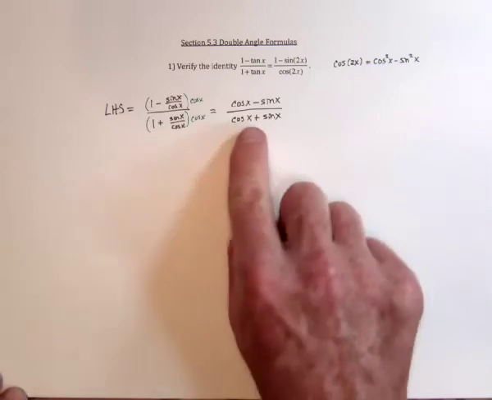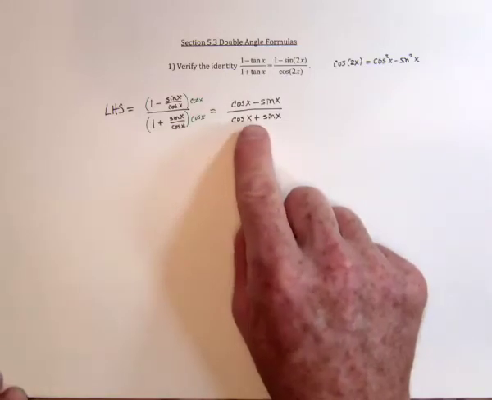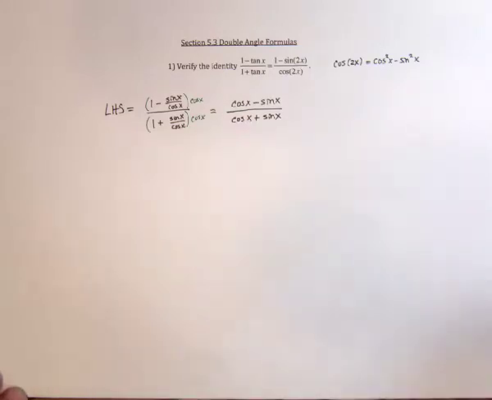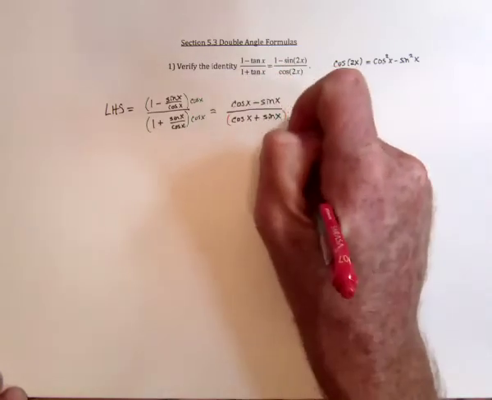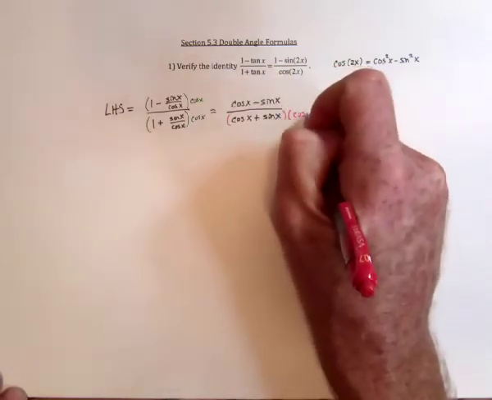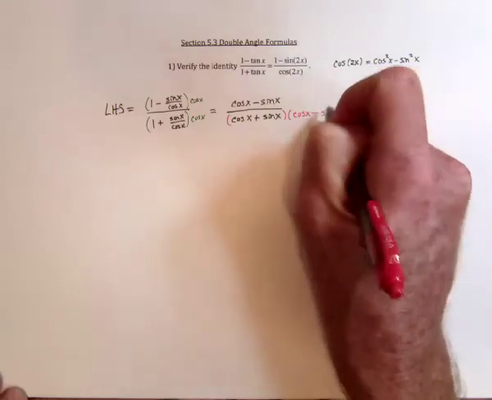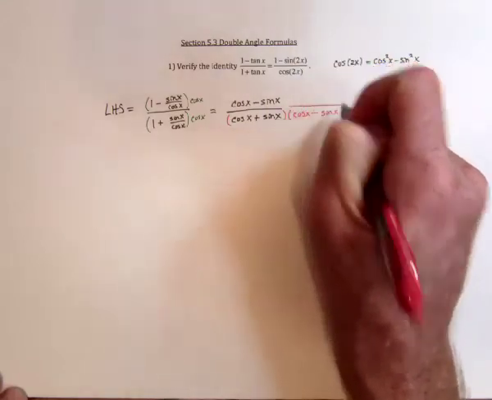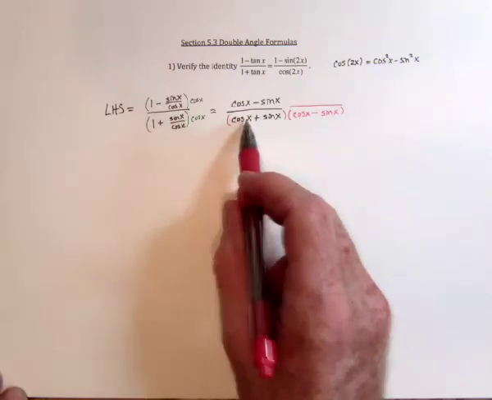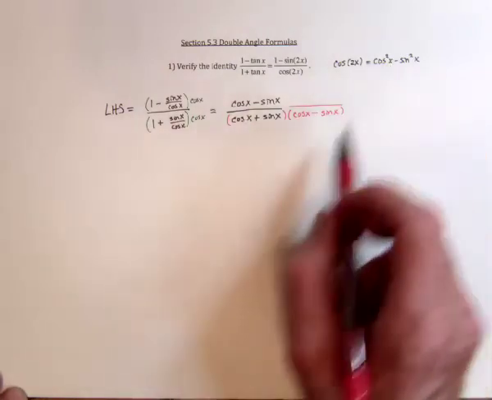Well, if I multiply the denominator by its conjugate, which means use the same thing, cosine of x and sine of x, but instead use the opposite sign, then I would get cosine times cosine, that's the cosine squared.